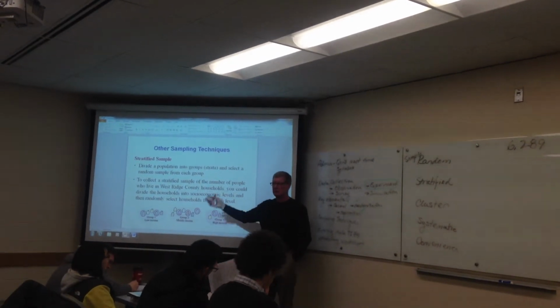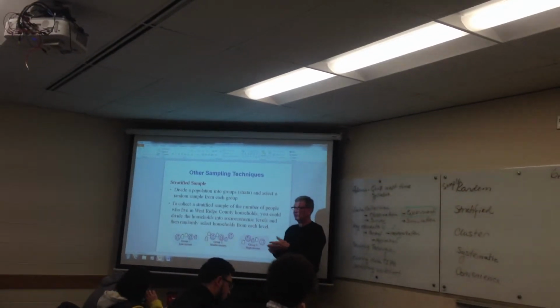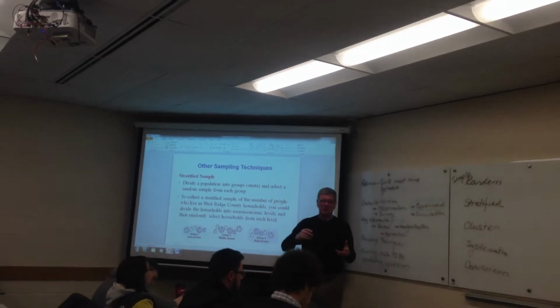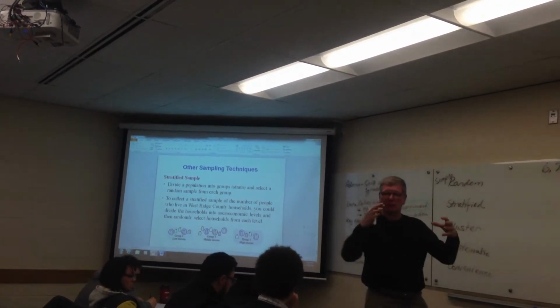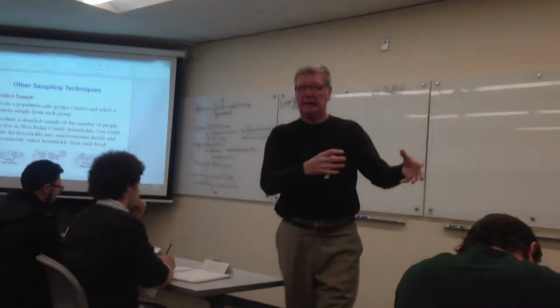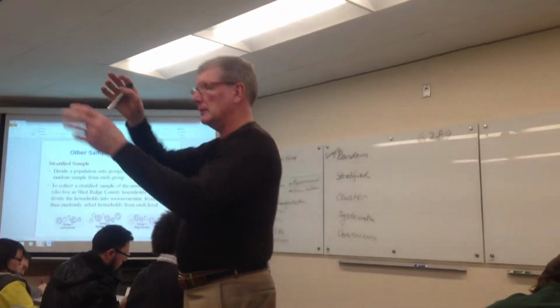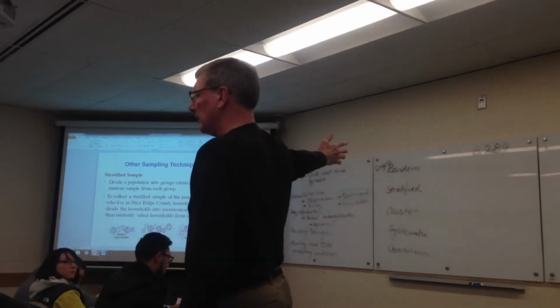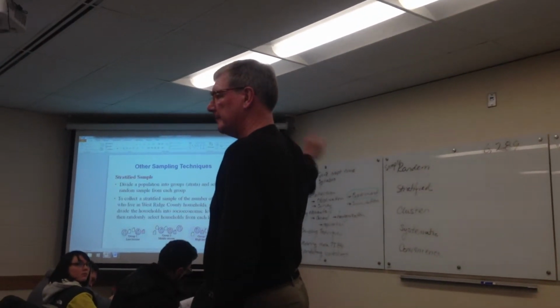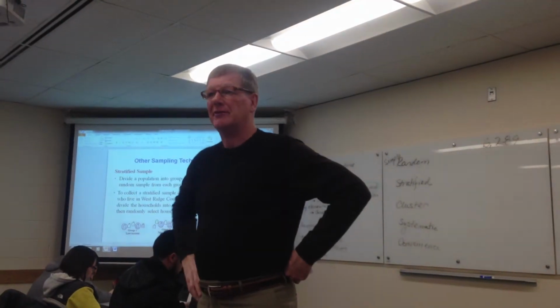And what the lady was talking about in the video was ethnicity, maybe education, something like that. Somebody tell me or give me an example of how we would apply a stratified sampling technique and what we might stratify if I was going to select a sample of a couple hundred McDonald's stores. What would I be worried about stratifying?